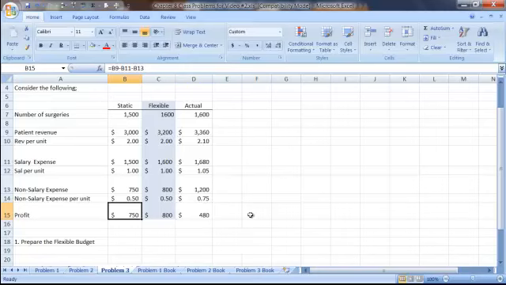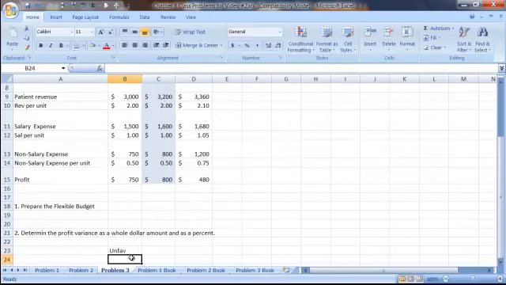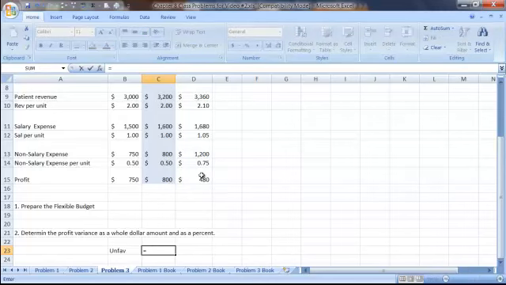Well, we had planned to get 750. We actually got 480. I would say that's unfavorable, so let's mark that as unfavorable. The problem says to give that unfavorable amount as a whole dollar calculation. It's the actual minus the static, an unfavorable 270.